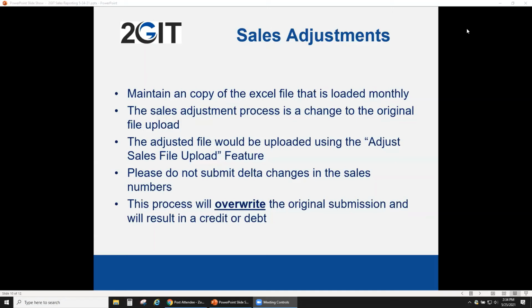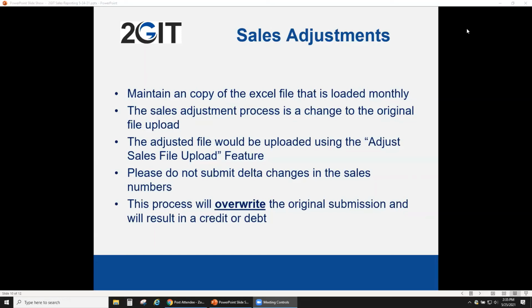The sales adjustment process is a change to the original file upload. And again, you're going to use this through the adjust sale file upload feature inside of the SRP. The key to remember is this is not a delta change of what you originally had uploaded. What I mean by that is you reported $100,000 worth of sales and you missed $1,000.